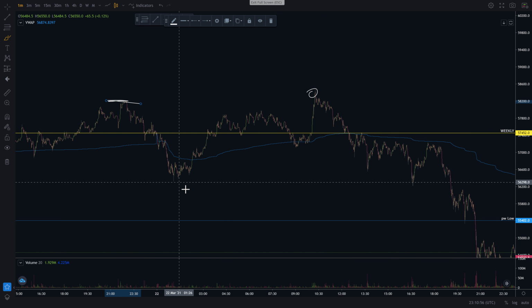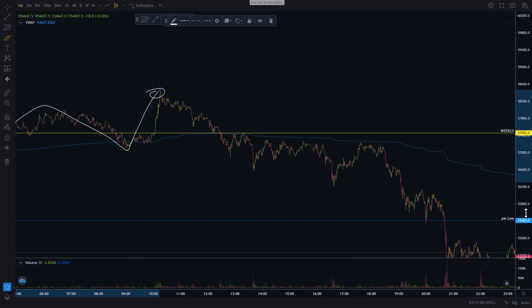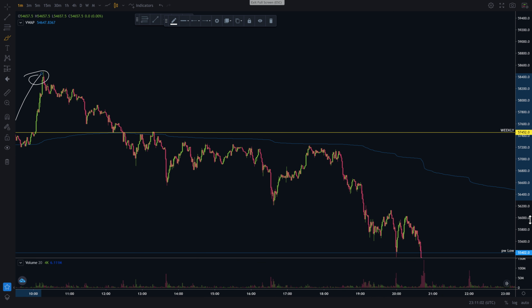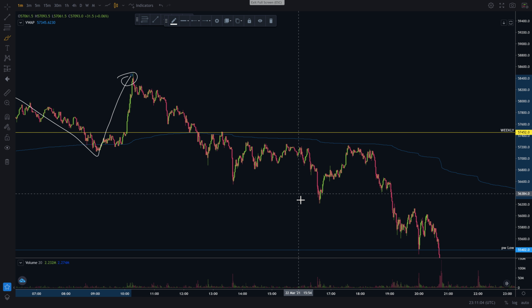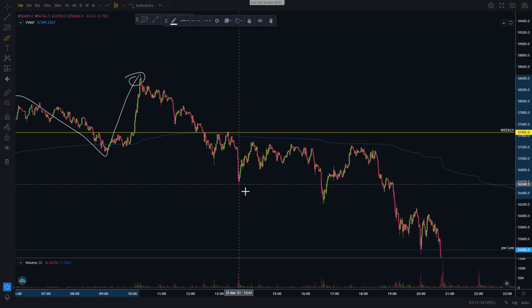It was like high, high, high, low. But since then, when we zoom in, I'm showing you this example because a lot of people lost money. They were trying to buy Bitcoin, but we were in a downtrend. So I would not be buying Bitcoin. I would be more inclined to sell Bitcoin, not buy. I would be buying just for a really short scalp.